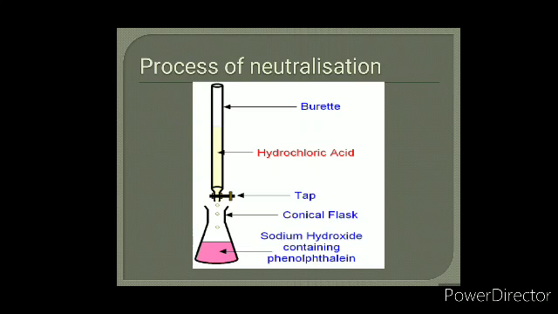That means it is the neutralization point, because in acid phenolphthalein does not change color. Phenolphthalein will remain colorless. So when that colorless solution is formed, it means it is completely neutralized. The sodium hydroxide is completely neutralized by hydrochloric acid. So by this process we can do the activity of neutralization.